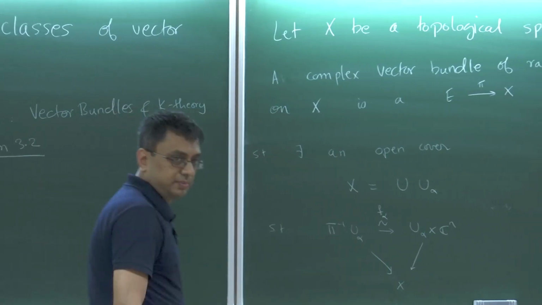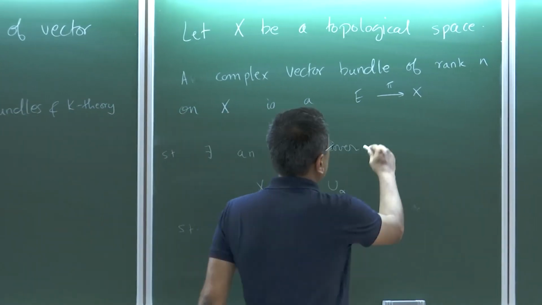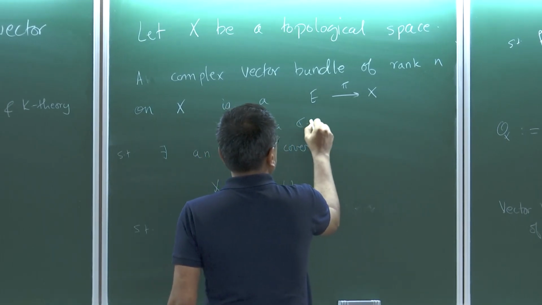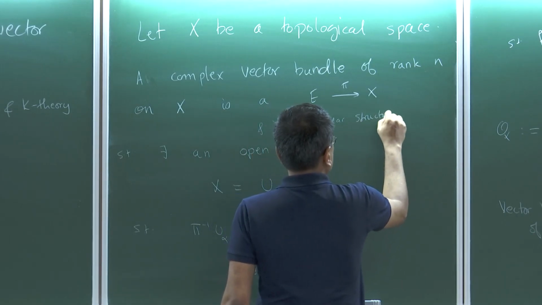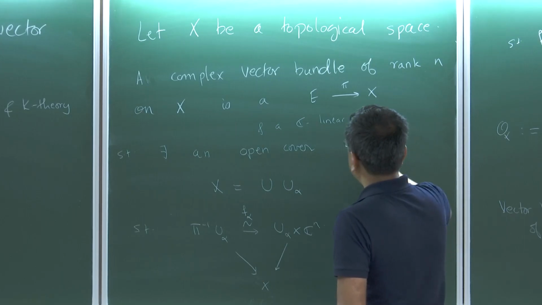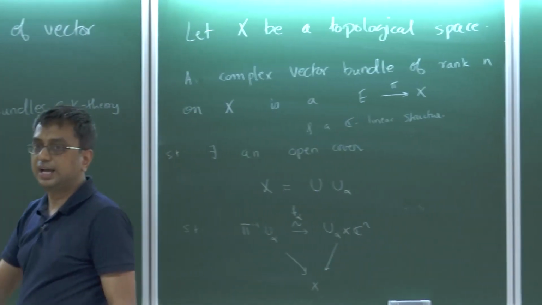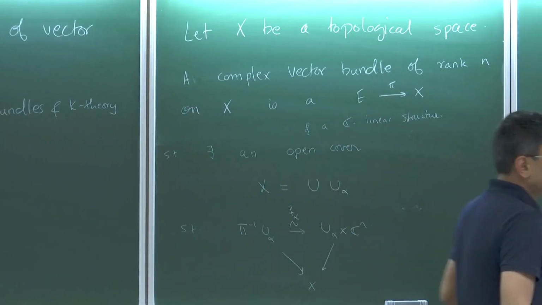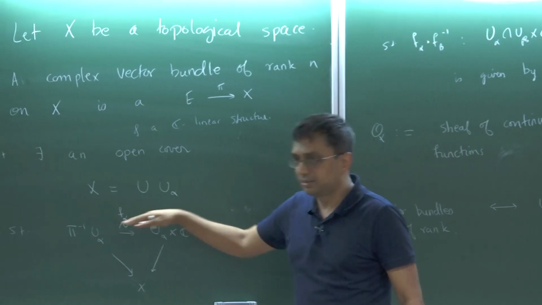So just to be precise, let me add this. There is a map and a C-linear structure such that, basically, I have addition at the level of E: E cross E over X to E, and I have scalar multiplication by functions on X, which is preserved by this.